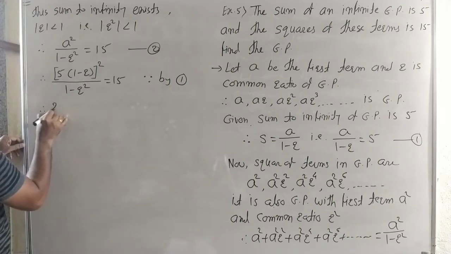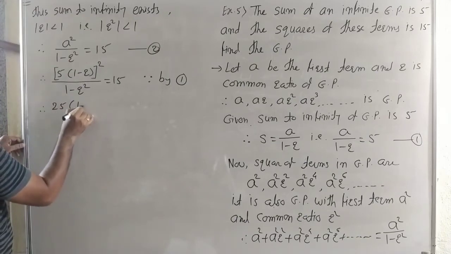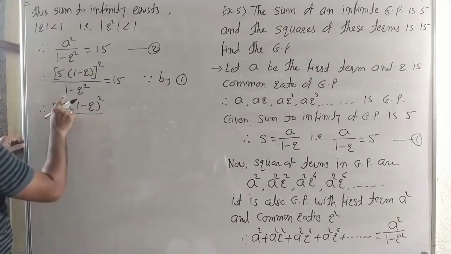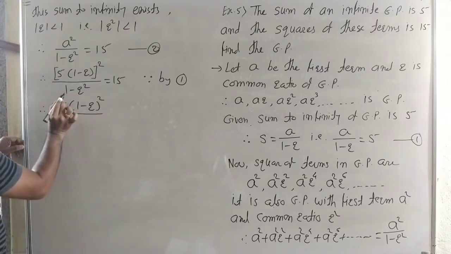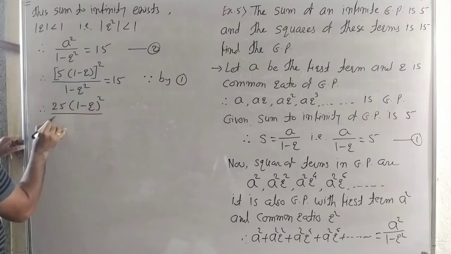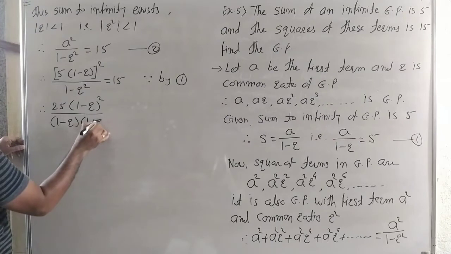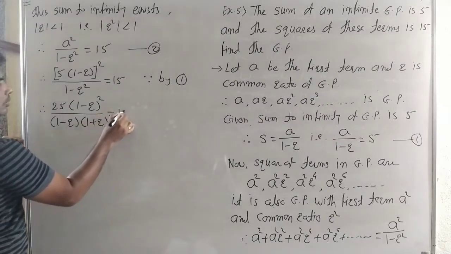It is 25 into 1 minus r whole square, and in the denominator 1 minus r square, here we use a square minus b square, that means 1 minus r times 1 plus r, is equal to 15.